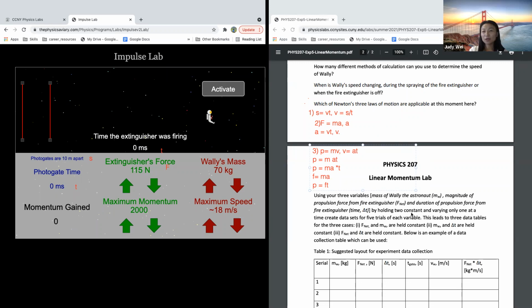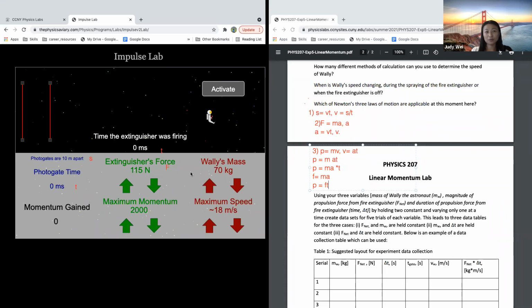Now we're gonna do the table and the graph. These are all the experiments. As I mentioned, there are 3 variables: F net, mass m, and delta t.